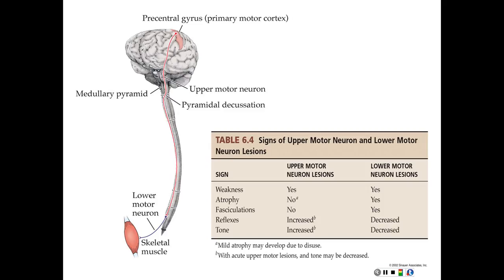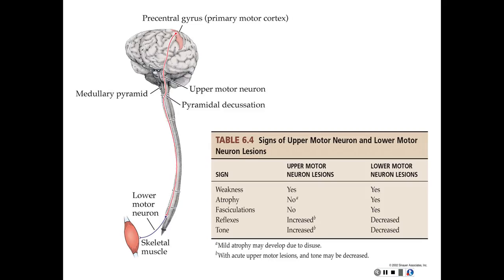The upper motor neuron is located in this structure called the primary motor cortex. Now, there is a deep groove in the cerebral cortex, and in front of it is where we actually find the primary motor cortex. This idea of a precentral gyrus is actually where we find the primary motor cortex.